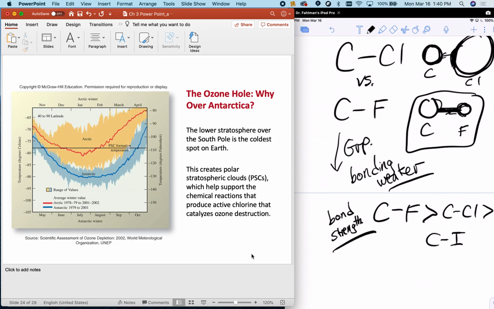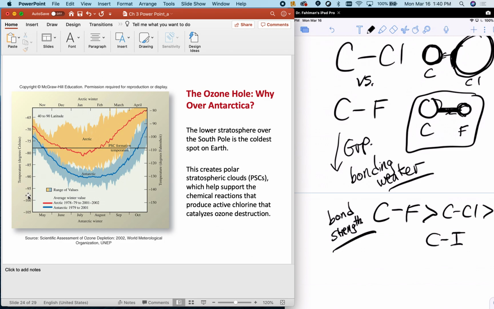So why over Antarctica in particular? We're going to look at this in a second, but if you look at the actual ozone holes, they are biggest over Antarctica. You can see why with this figure.